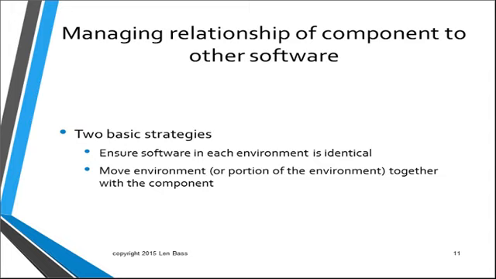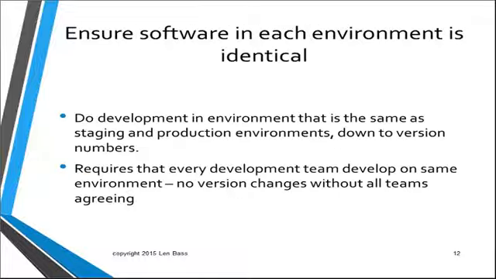And again, there are two basic strategies. One is you can ensure that the software in each environment is identical. And part of this is you don't change the code as it moves from one environment to another. The second strategy is you move the environment or a portion of the environment together with the component. So the component gets bundled and then gets moved with the bundle.